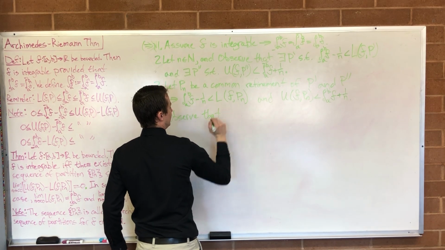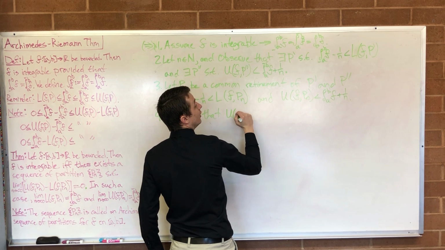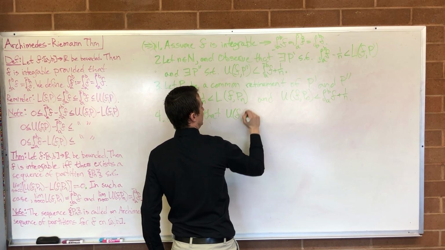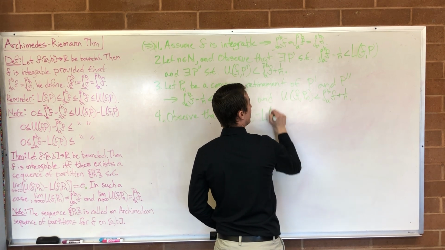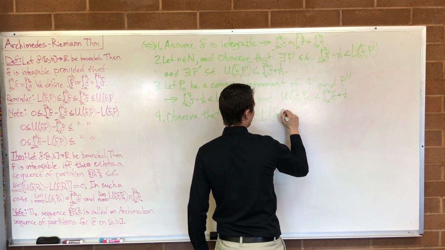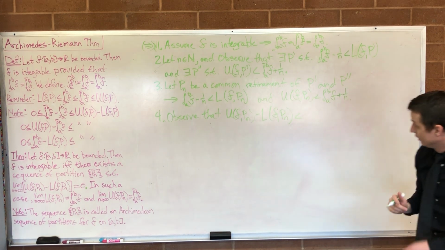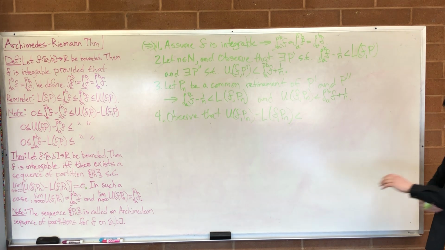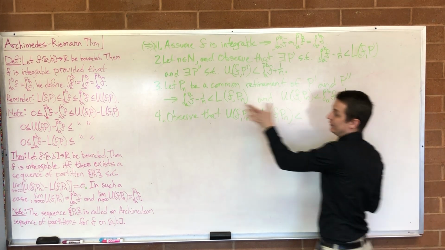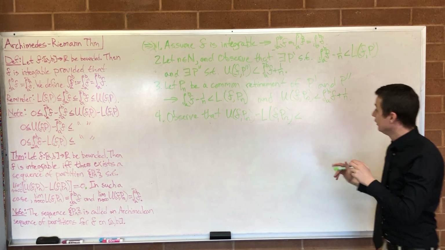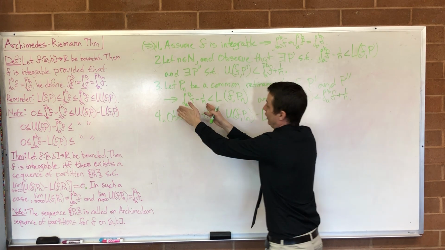So observe that our upper Darboux sum of f with Pn, minus our lower Darboux sum of f with Pn, is going to be less than a bigger number minus an even smaller number. So this number is bigger than this number, and this number is less than this number.